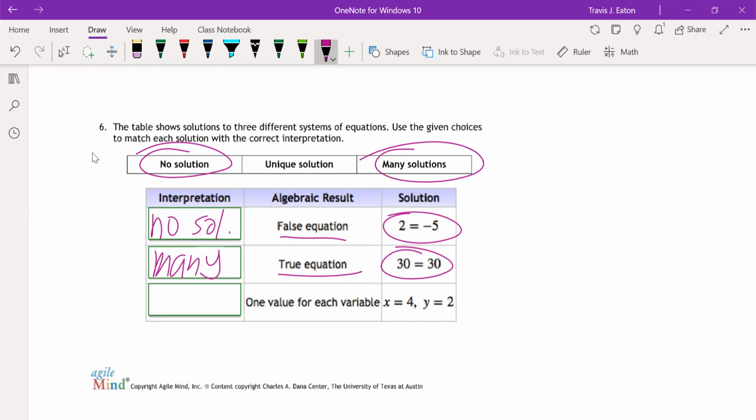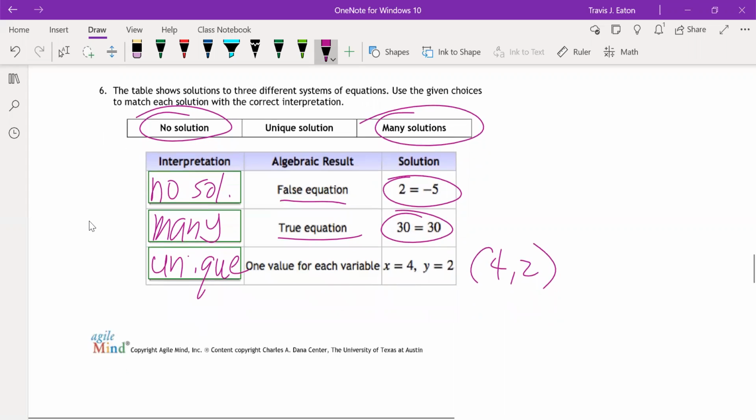And of course, when there is an intersection of points, like in this case, 4 comma 2, x equals 4, y equals 2, there's one and only one value for each variable, then you have one unique solution, one and only one solution. You just have to remember those rules.